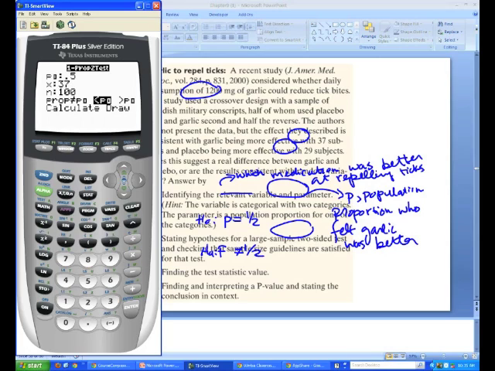And then our N is 37 plus 29, or 66. I can just put in 37 plus 29 and it'll give me that answer. And then which symbol? Not equal, so I highlight not equal and press enter. Once I have all of that, calculate, enter, it tells me prop not equal to 0.5.